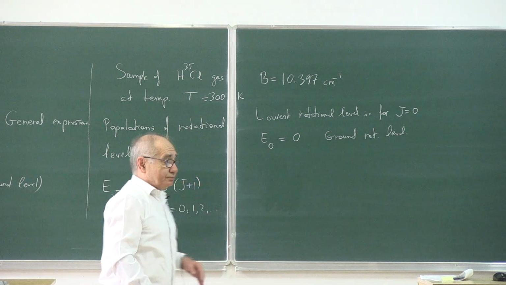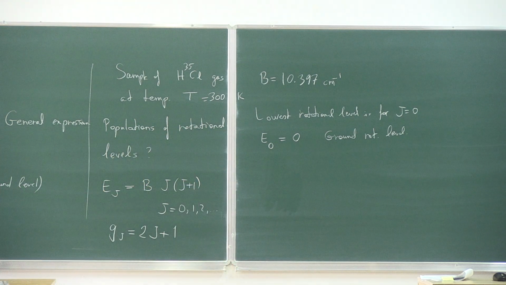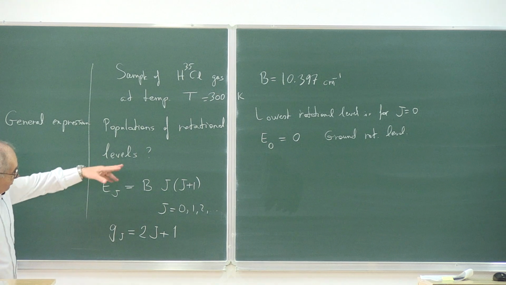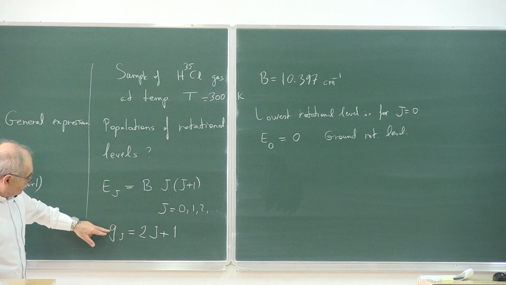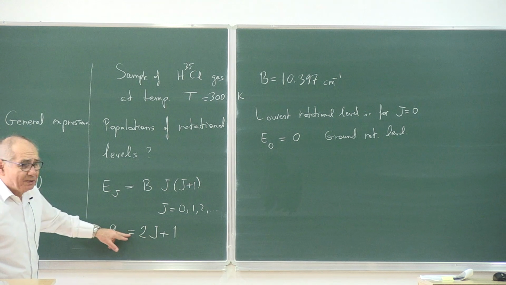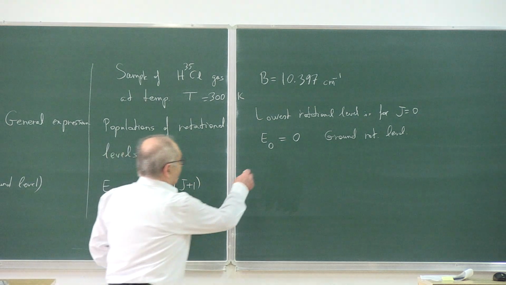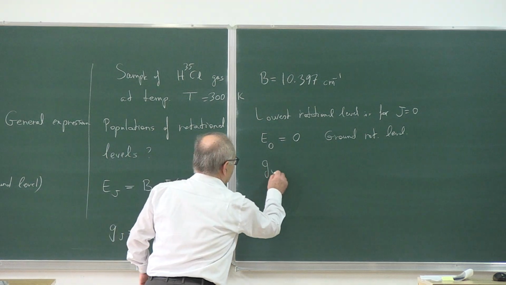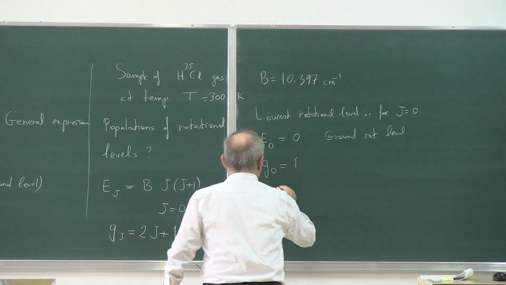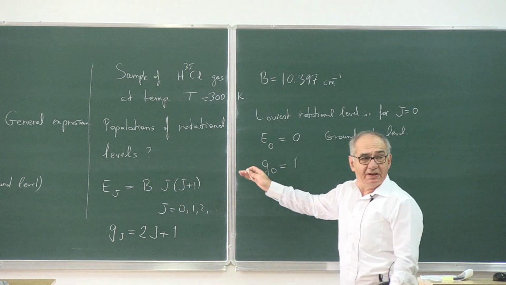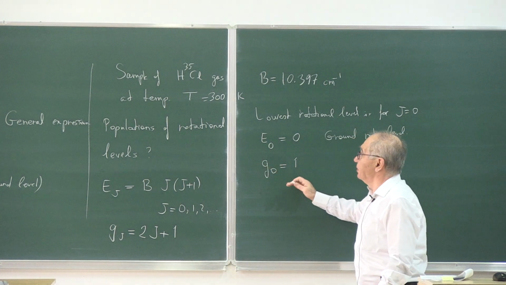And the degeneracy of the ground level, the lowest level, for the rotation case, as you see from here, if J is 0, g is 1. In other words, it is non-degenerate.